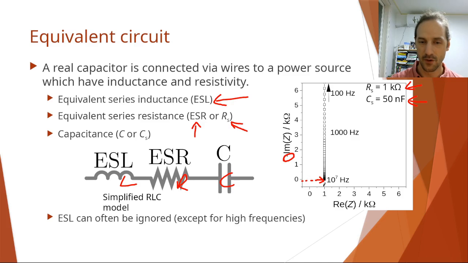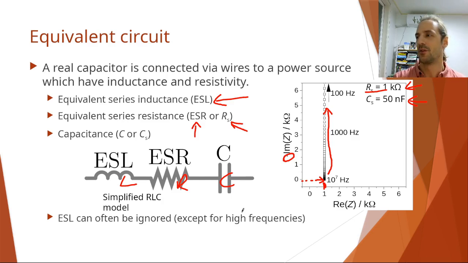So this is zero here for the imaginary axis, and we will have the real axis exactly at the resistance of our series resistor. And as the frequency goes down, the capacitive reactance is going to go up, because the current is going down, so the capacitor is like resisting or reacting to the current in that way. But this is of course a very simple simplification.